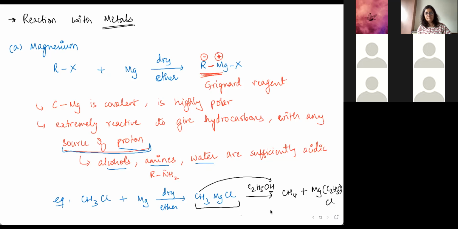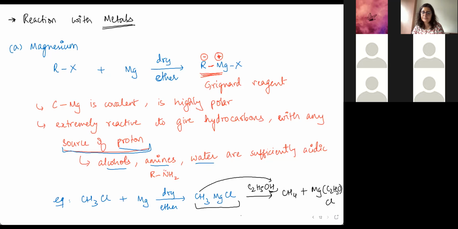Okay, done. Is it C2H3O or C2H2O? What did we take here, Rishit? C2H5OH. So if this pulls out the H plus, what will be remaining?